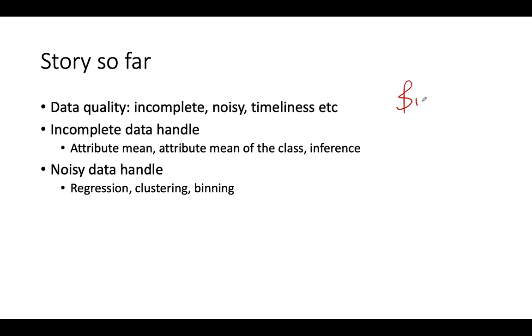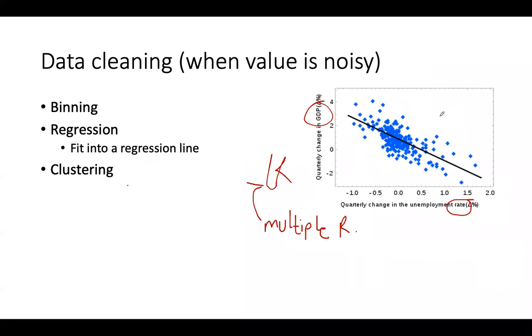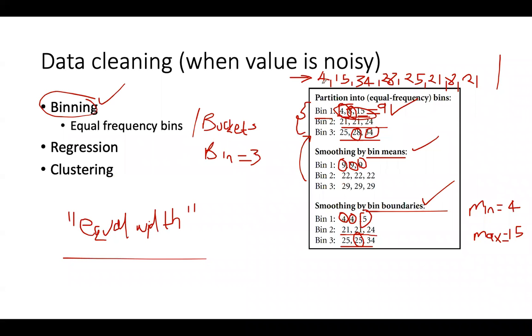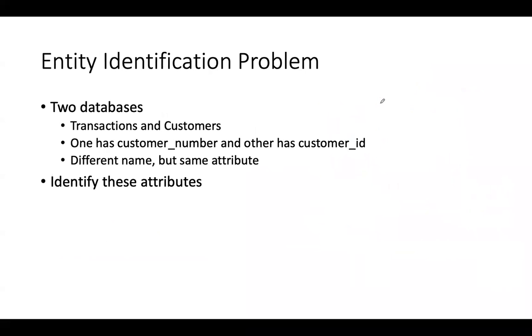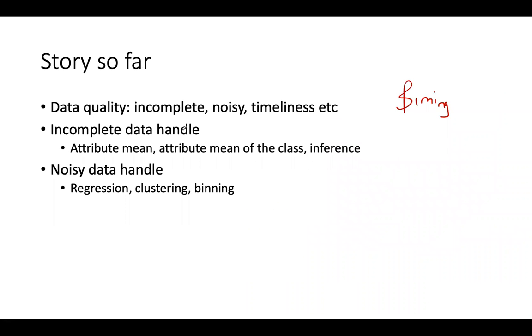Binning might be considered a form of data reduction, because if you go back, you'll see we tried to reduce all these different values into distinct values. We wanted to reduce the number of distinct values per attribute. That's a form of data reduction.